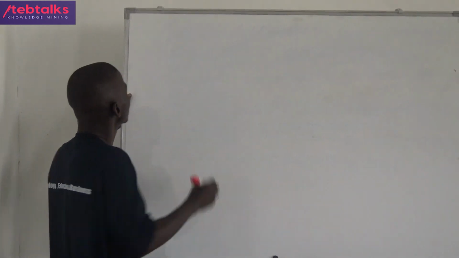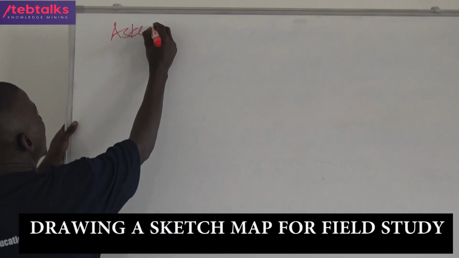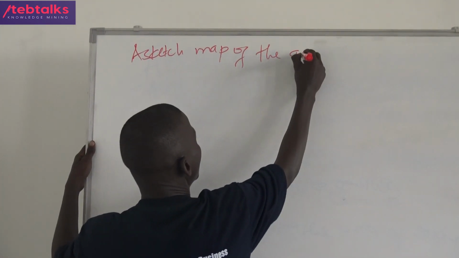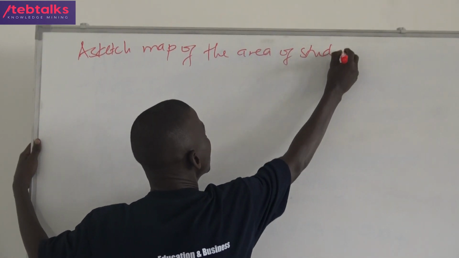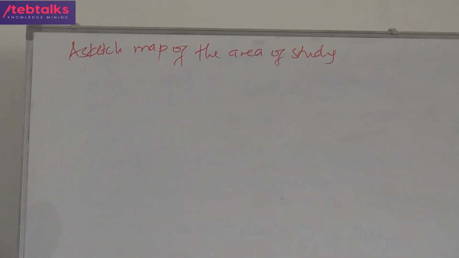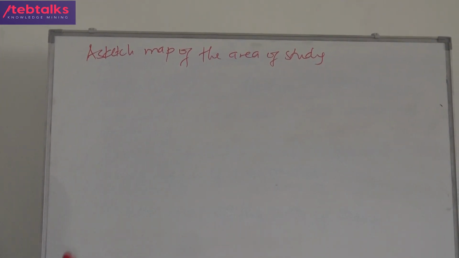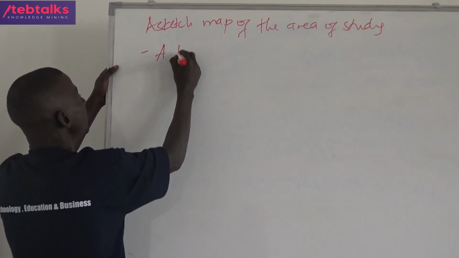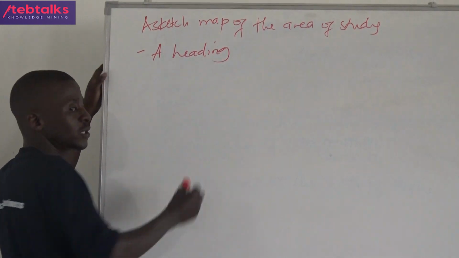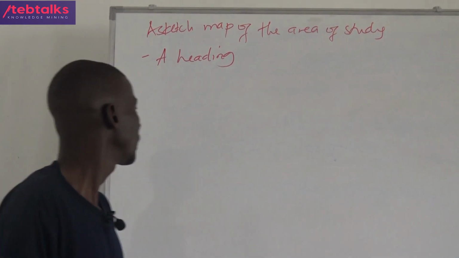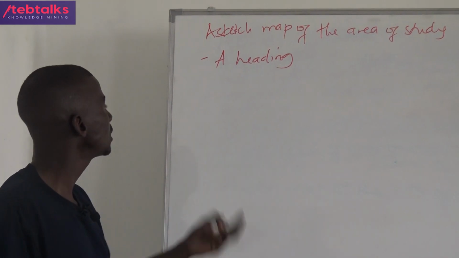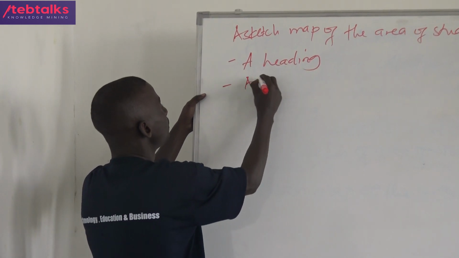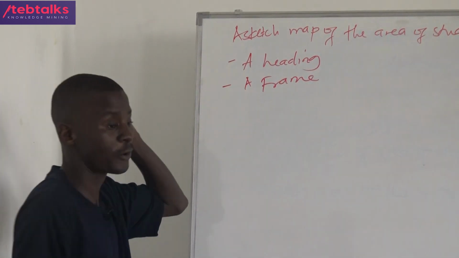So how do I draw a sketch map of the area of study? The first thing to note is the sketch map of the area of study should have a heading. Still, the heading should be in line with the objectives and topic of study. Put your sketch in a frame.